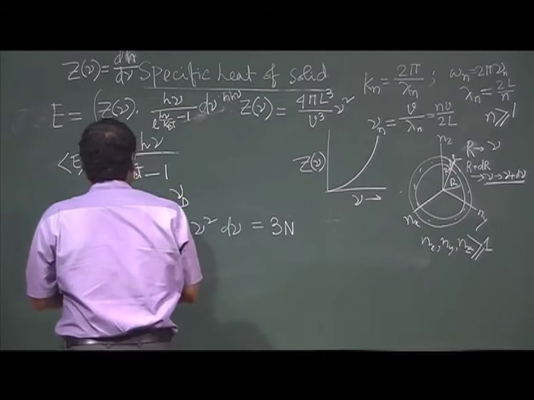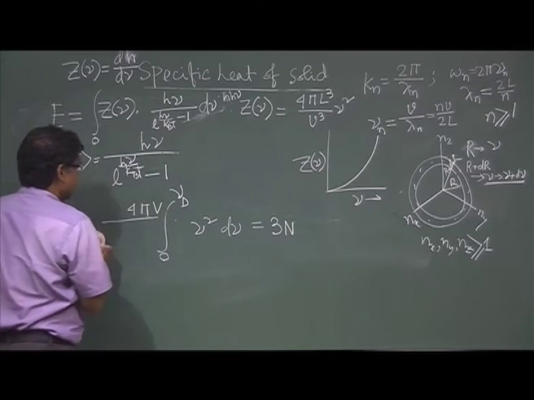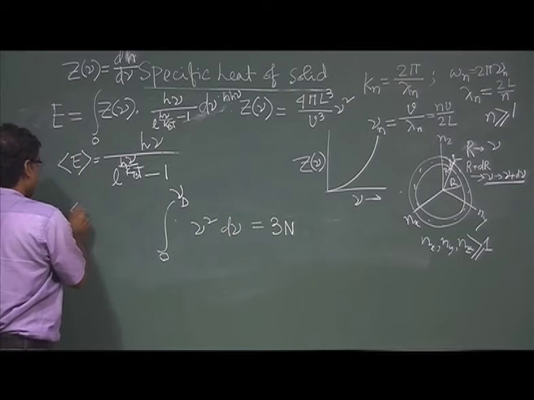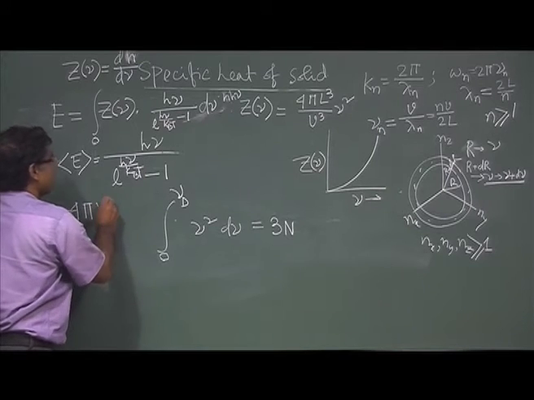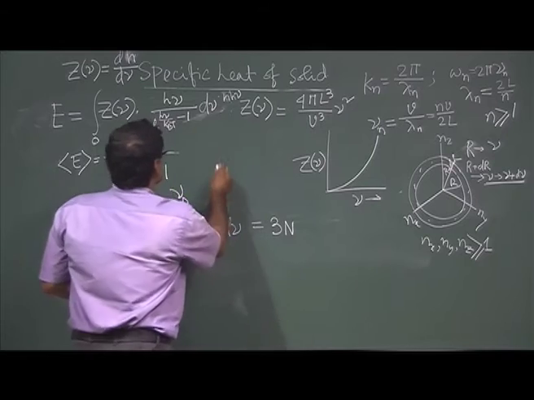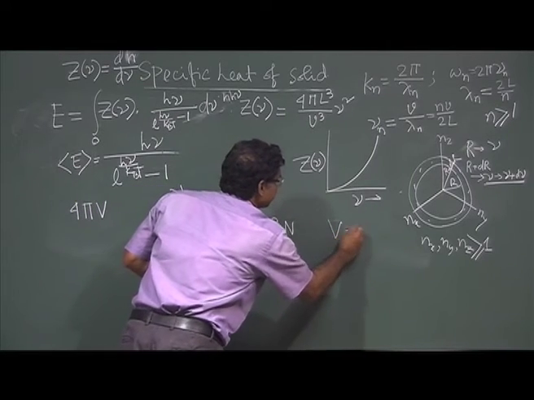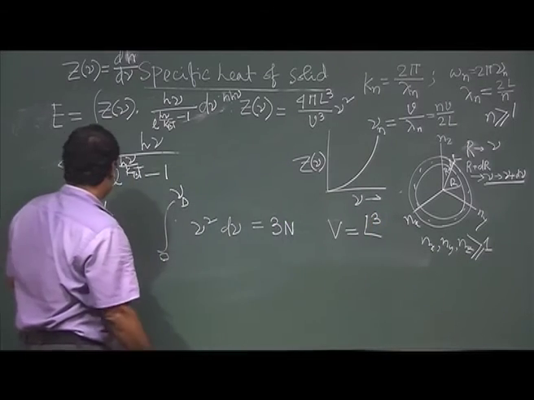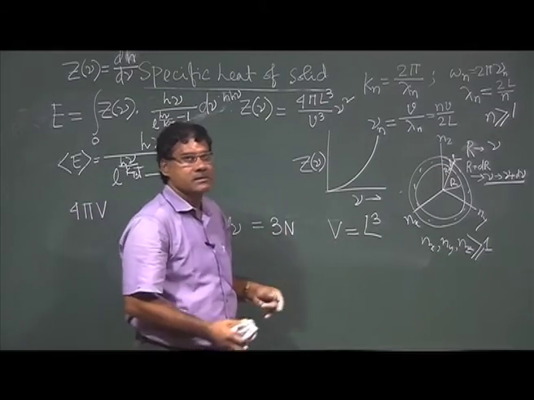And then divide by... here one thing we have to do, this 4 pi V. V is the volume, it is L cube.